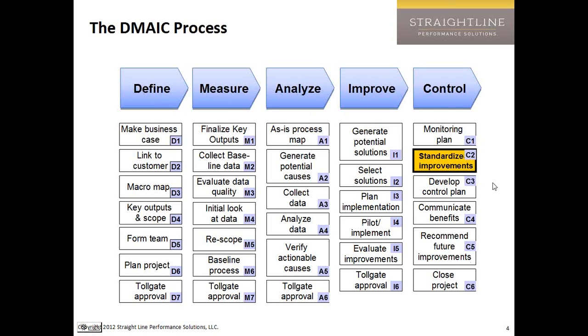You really need to be thinking about putting together a monitoring plan, standardizing your improvements, putting together a control plan, communicating the benefits of what you've just done, and recommending future improvements and closing out the project, which might mean reward and recognition. It should mean reward and recognition. It should mean some sign-off. It should mean some standard place where the data are put. It should mean a number of things. So use this as your guide.